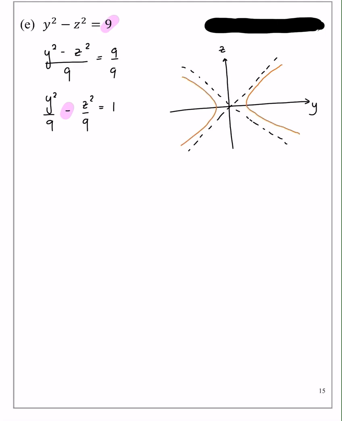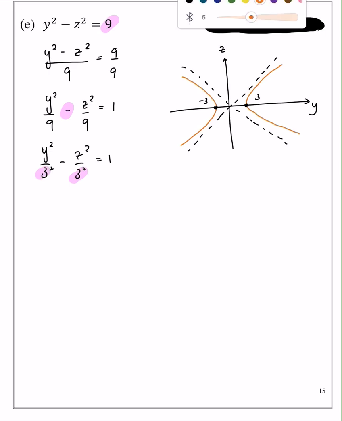From here we first rearrange: y squared over 3 squared minus z squared over 3 squared equal to 1. The 3 is basically the vertex here, so you will have 3 and minus 3. The 3 given here refers to a. What is a?